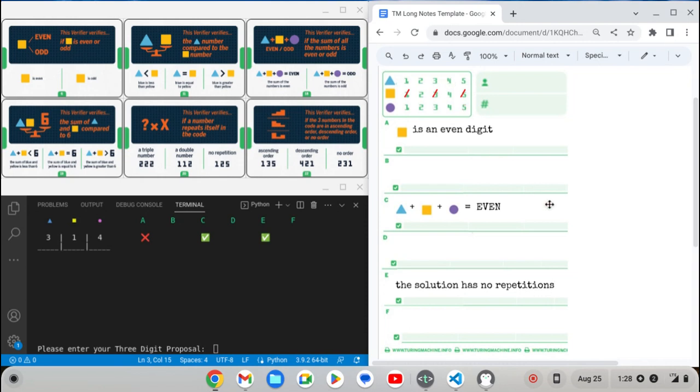So what that tells us is that, yes, triangle and circle actually must be odd. And so let's put in a note in here that triangle and circle are odd.